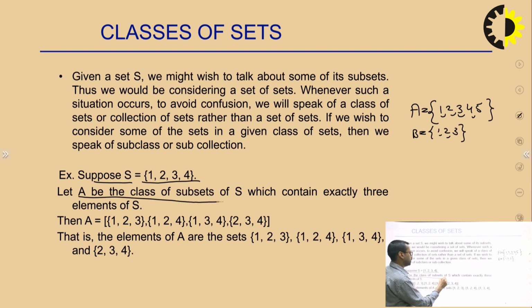Let A be the class of subsets of S which contain exactly 3 elements of S. From these 4 elements, we consider multiple groups of 3 elements that exist in a set A, and this A is called a class of the set, a set of classes. One class contains 1, 2, 3, a subset of S, and 1 to 4 is also a subset of S. These are particular classes that are subsets of set S, and the collection of these is the set of classes.